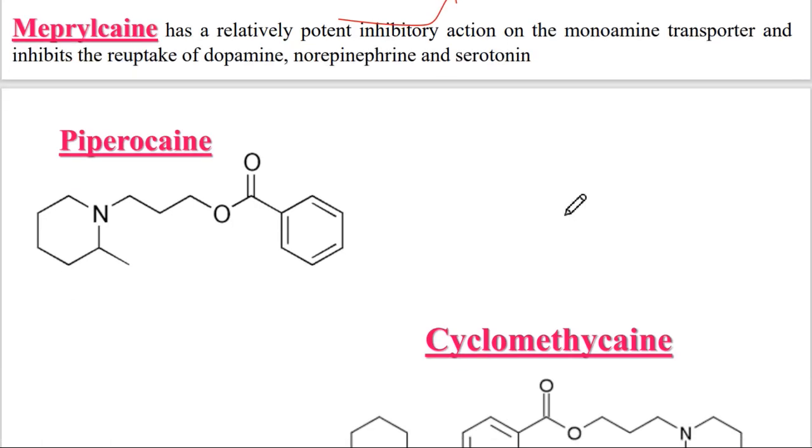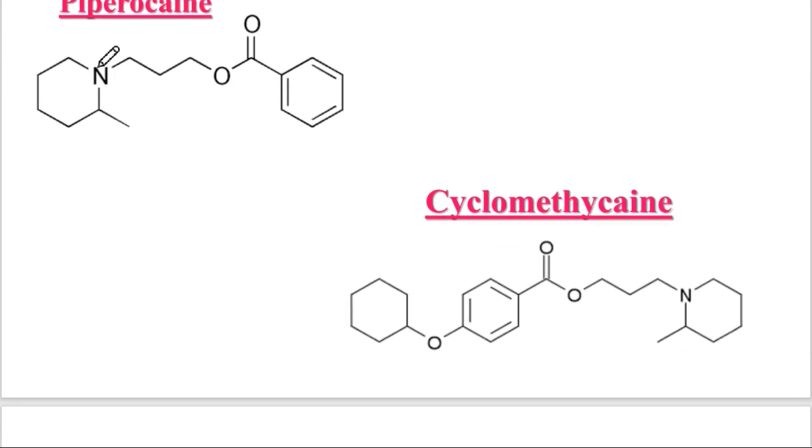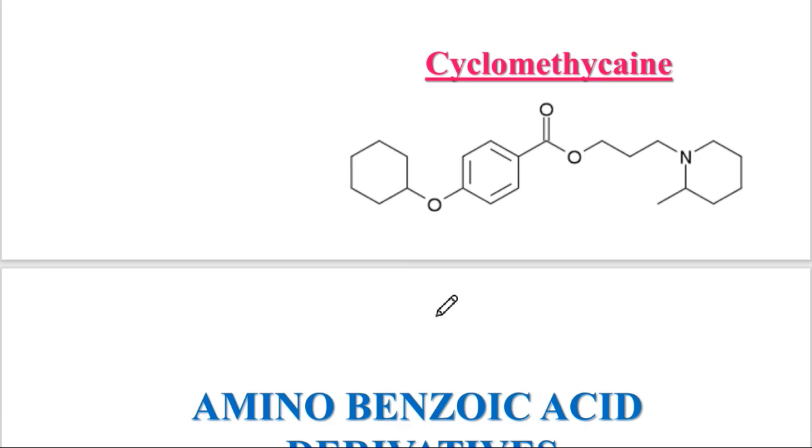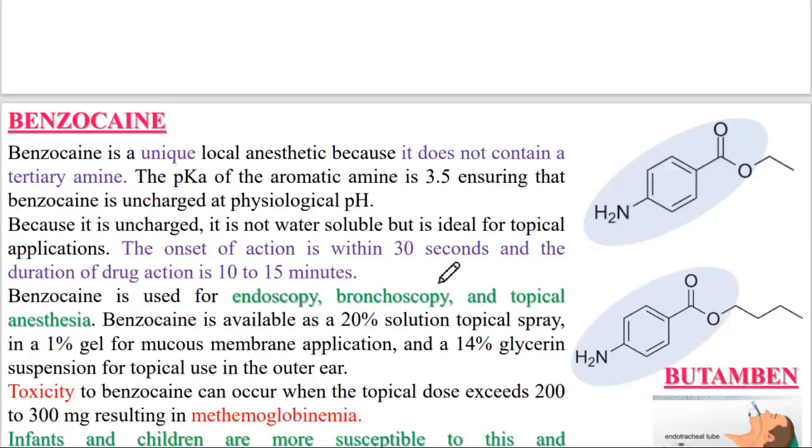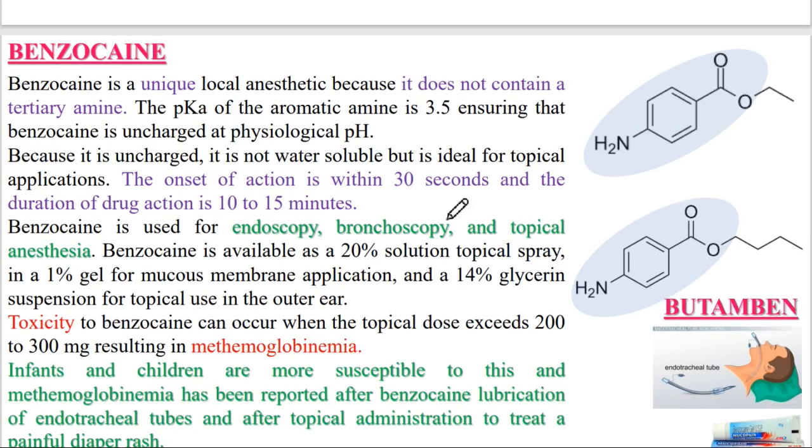Then piperocaine just has an extra piperidine ring, whereas the structure is the same. Even in cyclomethycaine, you can see there is a cyclic ring, and the rest of the structure is similar.